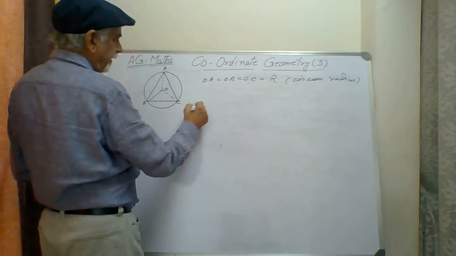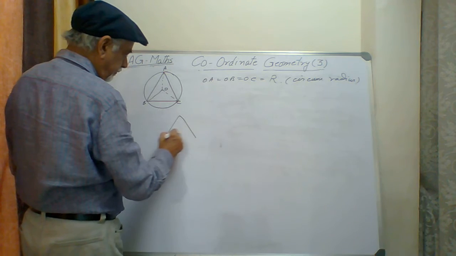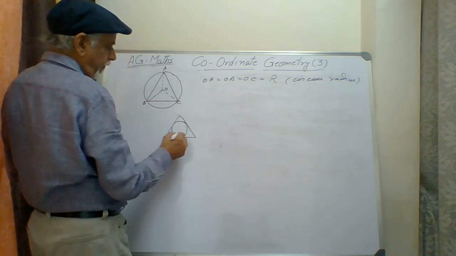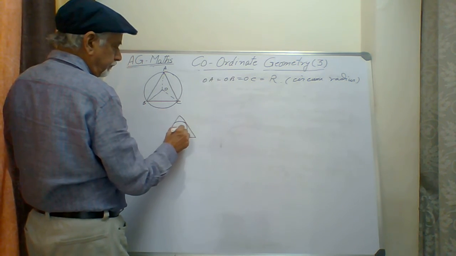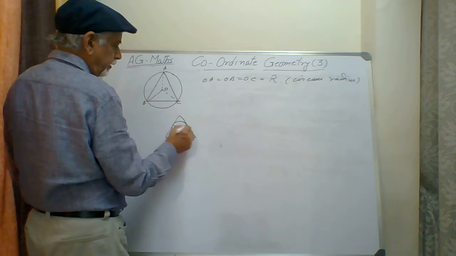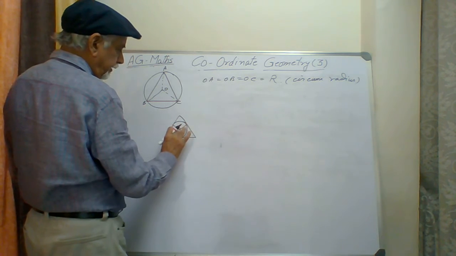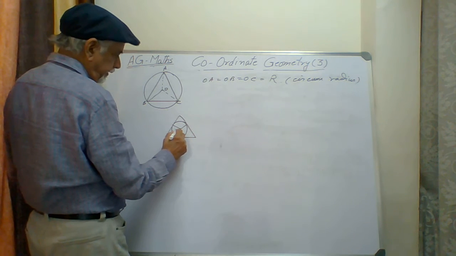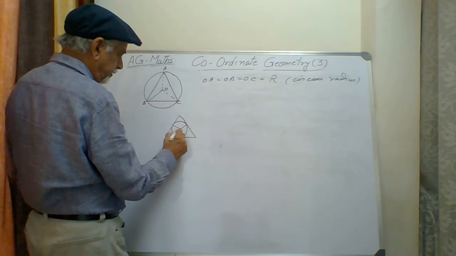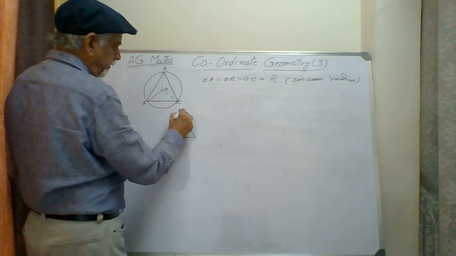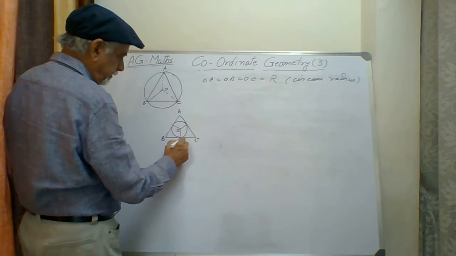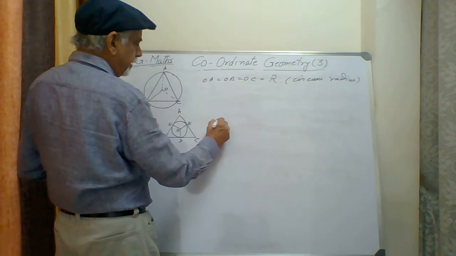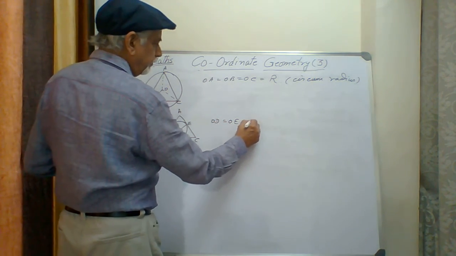And if the triangle is like this and a circle is inside it, then these are equal. Let us call the center O, with touching points D, E, F. Then again OD is equal to OE is equal to OF.